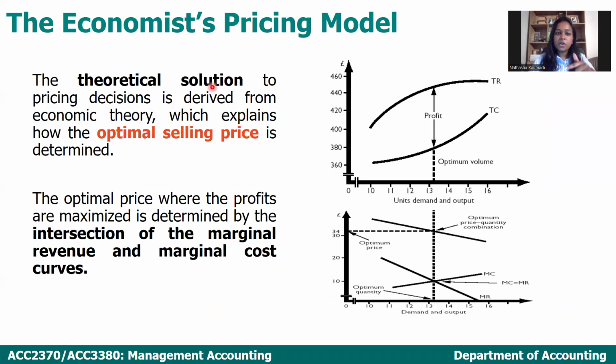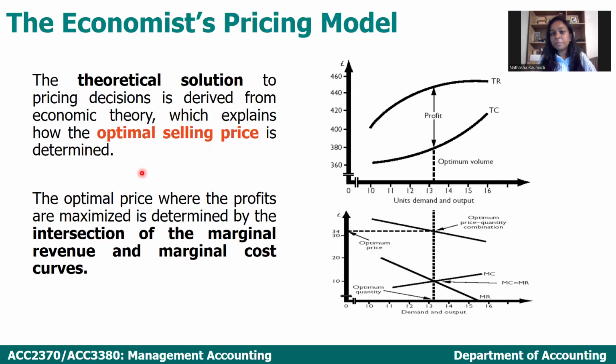Now here it says the economist pricing model. Now let's talk about the economic side of this pricing before moving on to management accounting. Now, when we are deciding the prices, if you have learned economics, right? So here, a theoretical solution is given by economics. Now, read this. The theoretical solution to pricing decisions is derived from economic theory, which explains how the optimum selling price is determined. Now, when it comes to the economic side, economics gives a solution for how the prices are decided.